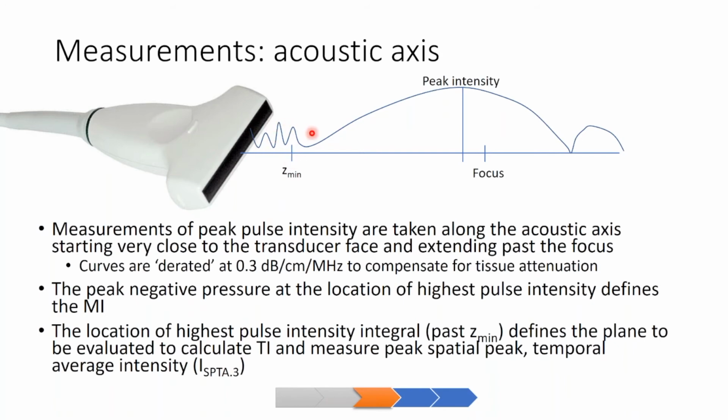In this simplified example, both of those depths would be the same, but there could be cases where the MI is acquired very close to the transducer face, but the thermal index is calculated from values acquired further out.